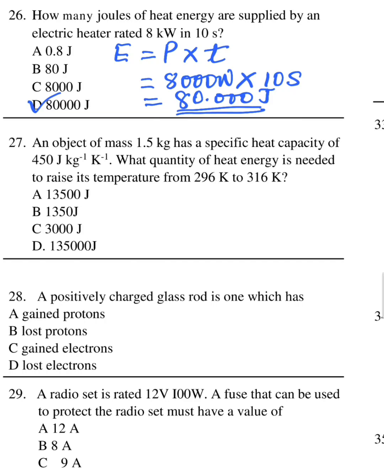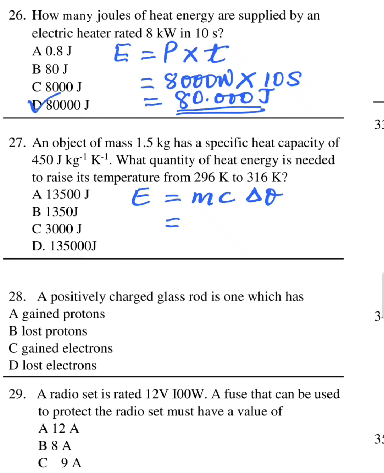In number 27, an object of mass 1.5 kilogram has a specific heat capacity of 450 joules per kilogram per Kelvin. What quantity of heat is needed to raise its temperature from 296 Kelvin to 316 Kelvin? So in this case, the quantity of heat energy, E, is given by mc delta theta, where m is the mass of the object in kilograms, c is the specific heat capacity, and delta theta is the change in temperature.